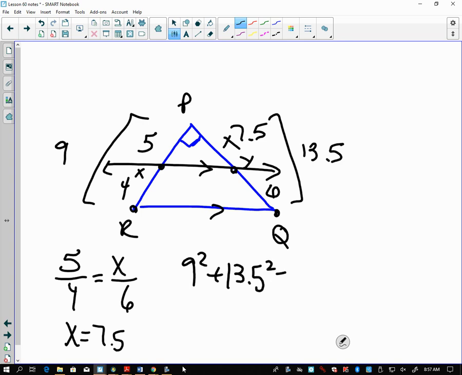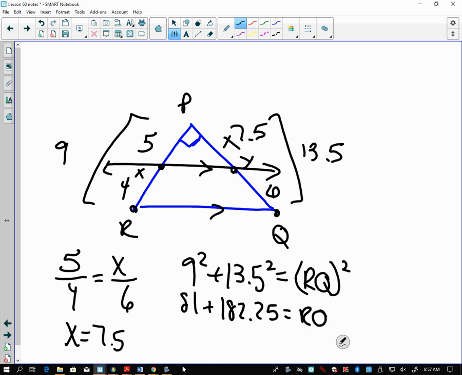13.5 squared equals, what we would say is RQ squared if we wanted to, or X squared. 9 squared is what, 81? 13.5 squared is over 169. 182.25 equals RQ squared, and if I was in this class, I would want to be writing down this work because that's going to save me from needing to do question number 455 on my own. 263.25 is what we get when we add those up, is RQ squared.